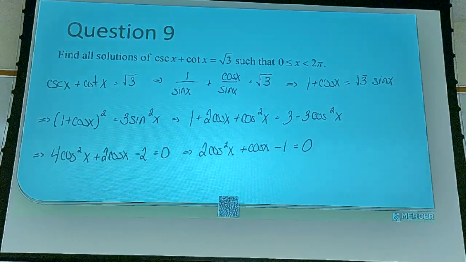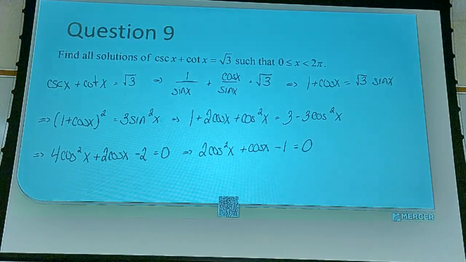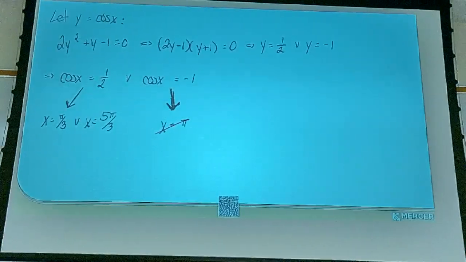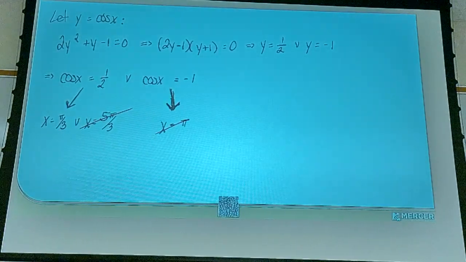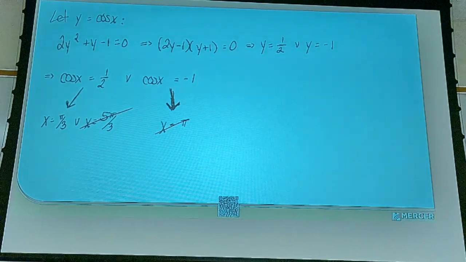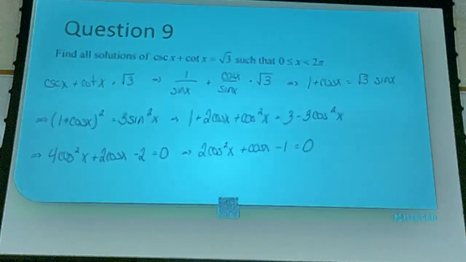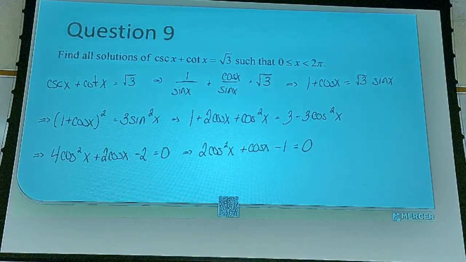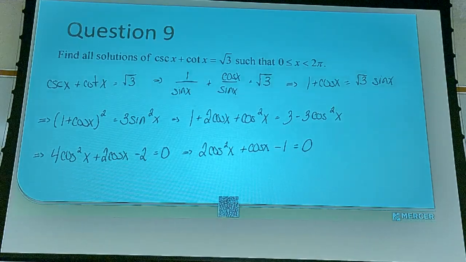At 5 pi over 3, we'd be saying that a positive equals a negative, which is nonsense. That means 5 pi over 3 is not a solution. Pi over 3. Both cosine and sine are positive, so at least we'll get positive equals a positive. Now just actually check to make sure it works.